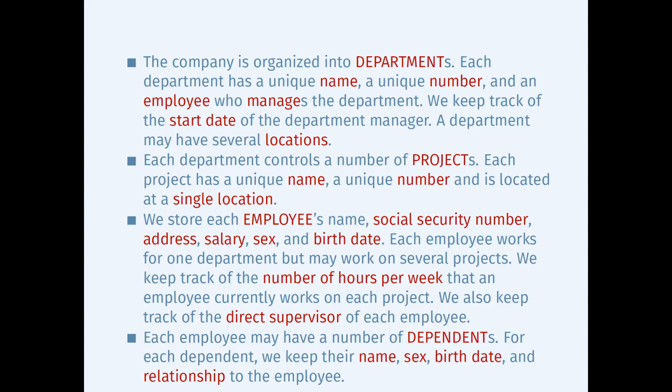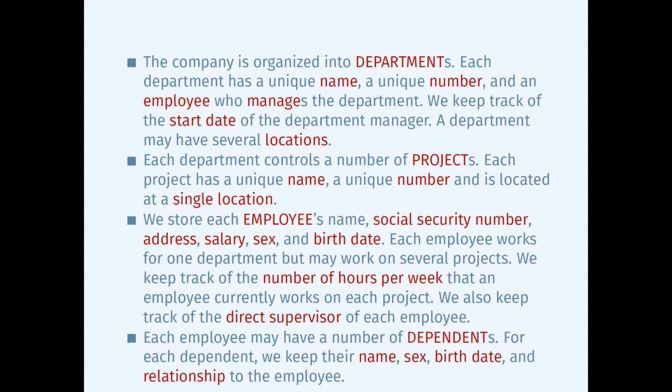And employee works on different projects, fourth one. Then direct supervisor for each employee. There's a relationship with the same entity employee, supervision. That is fifth one. Sixth one is dependent of. So there should be a 6, right?